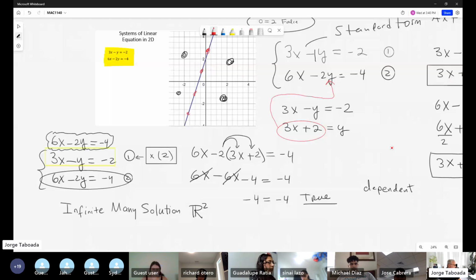Why do you choose multiplication by 2? I choose it because I want to prove that equation 1 and equation 2 are the same, are equivalent. And when this situation happens, they are linearly dependent. Maybe it's not an easy identification.